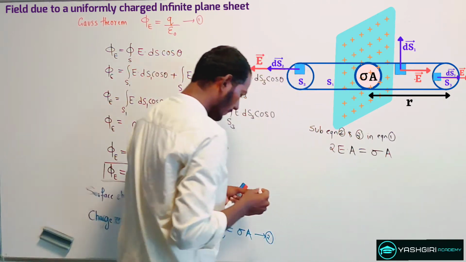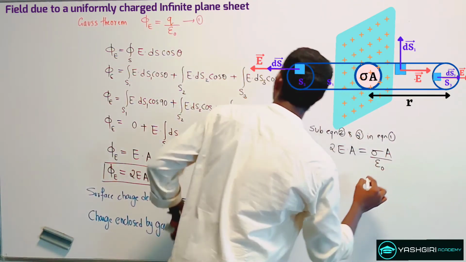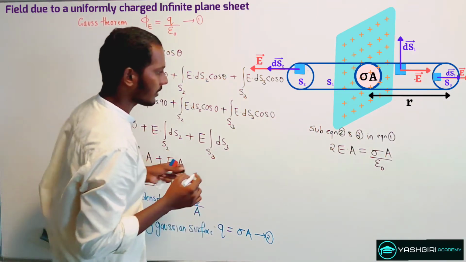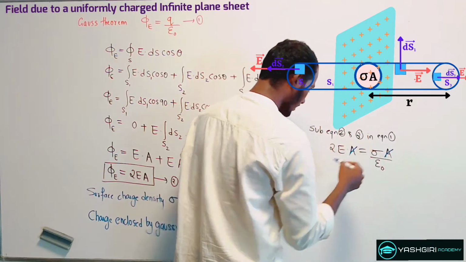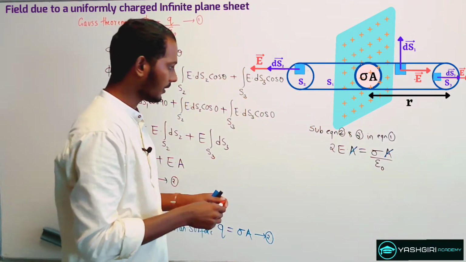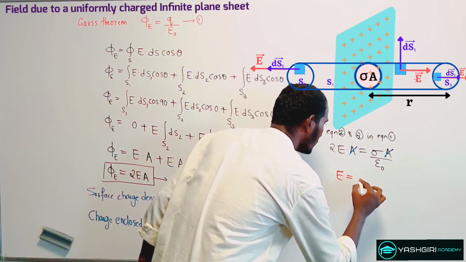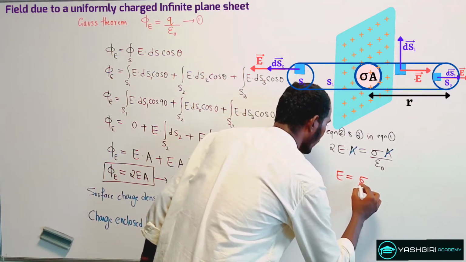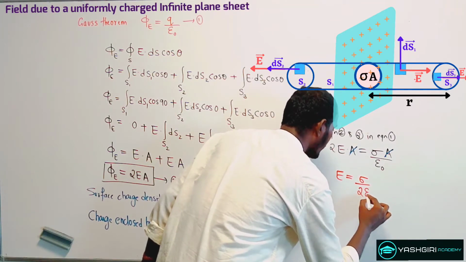And on the right hand side I have epsilon naught. Here the area and area will get cancelled. So what I am left with is the electric field E is equal to sigma upon twice epsilon naught.